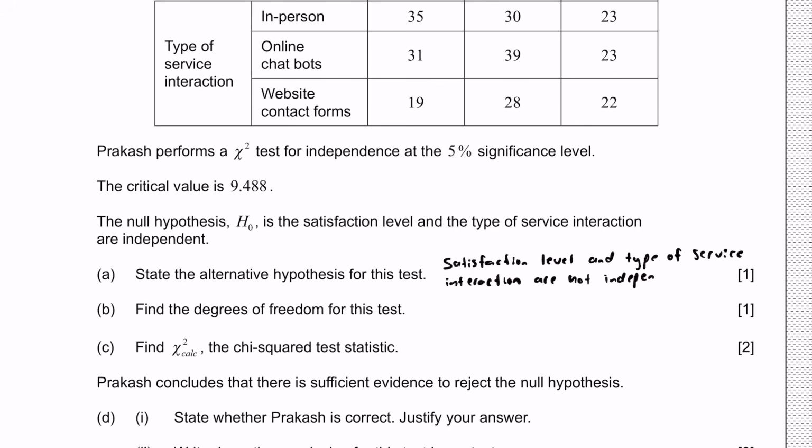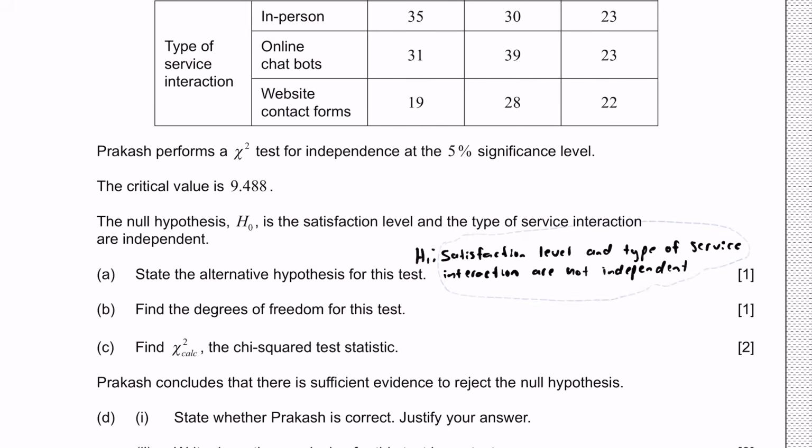So it's an either or situation. So if the null is status quo, they are independent. The alternative, which is given by H1, is that satisfaction level and type of service interaction are not independent. All right.